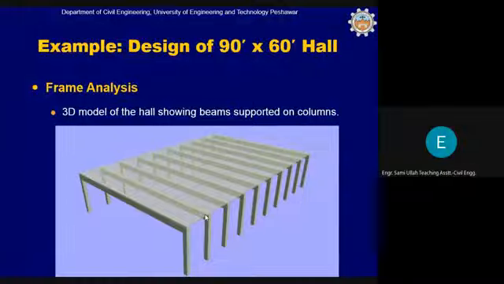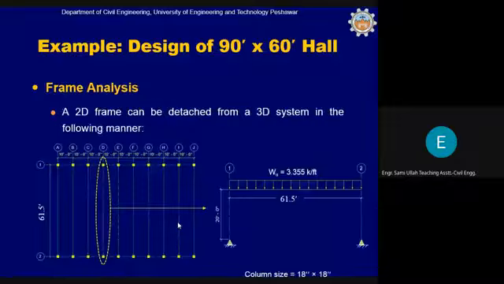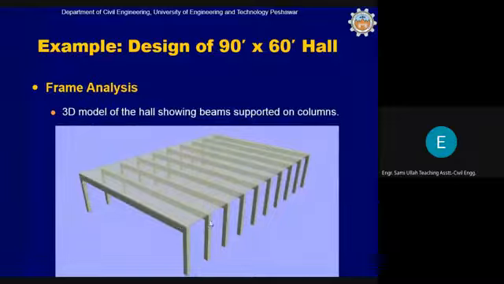Okay, if you take a section of this, you will see a beam here, and then a slab part, then a beam, and then a slab, and so on. So there is not a big difference in the slab analysis. However, there is a difference in the column and the beam analysis.